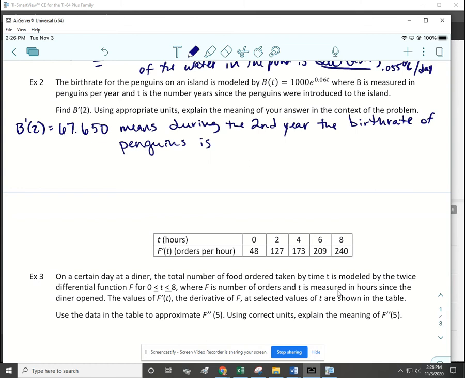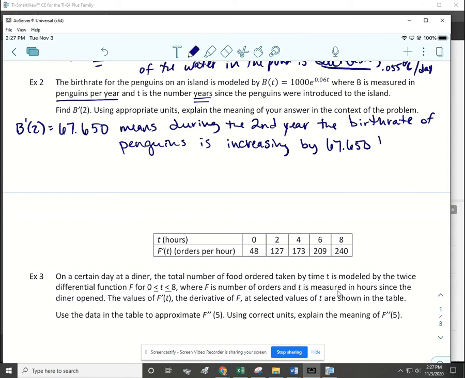Is, and since it's a positive value, we're going to say increasing by 67.650, and then we have to get our units right. So the original units for the function b is measured in penguins per year. And then we need to divide that by another year.